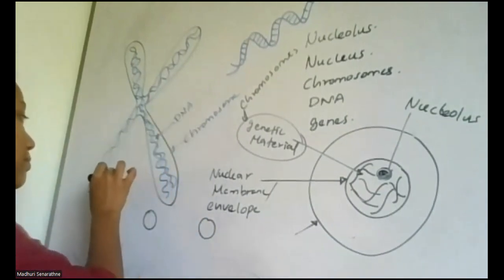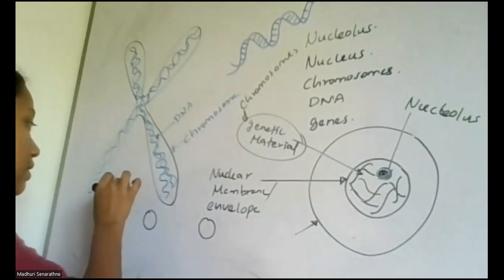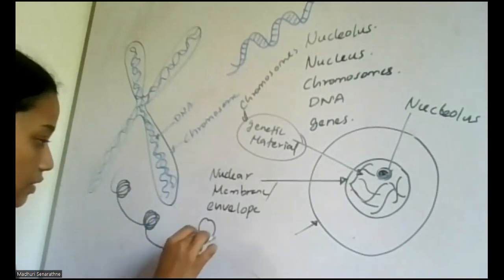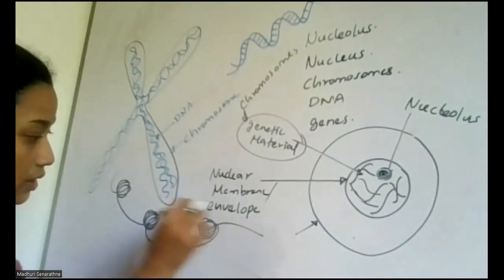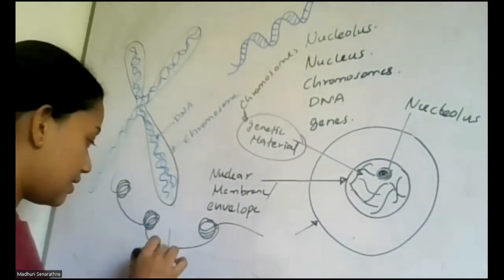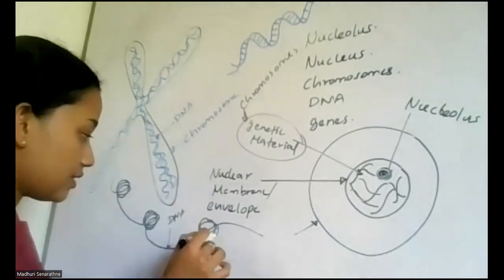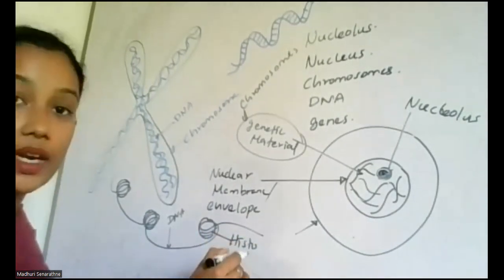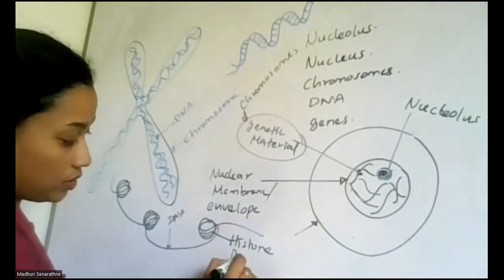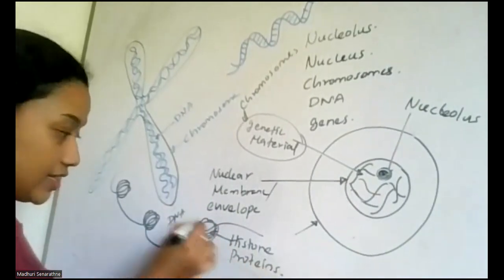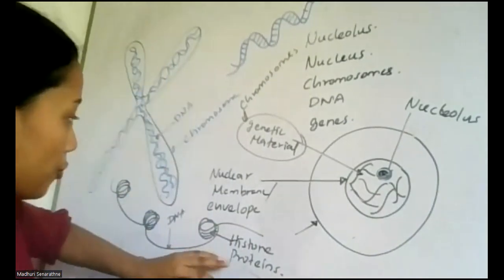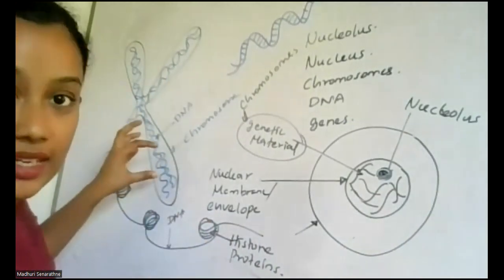This particular DNA molecule is wound around these histone proteins. This is the DNA and this is the histone protein. What is the difference between chromosomes and DNA? Both DNA and histone proteins are compacted in this chromosome.